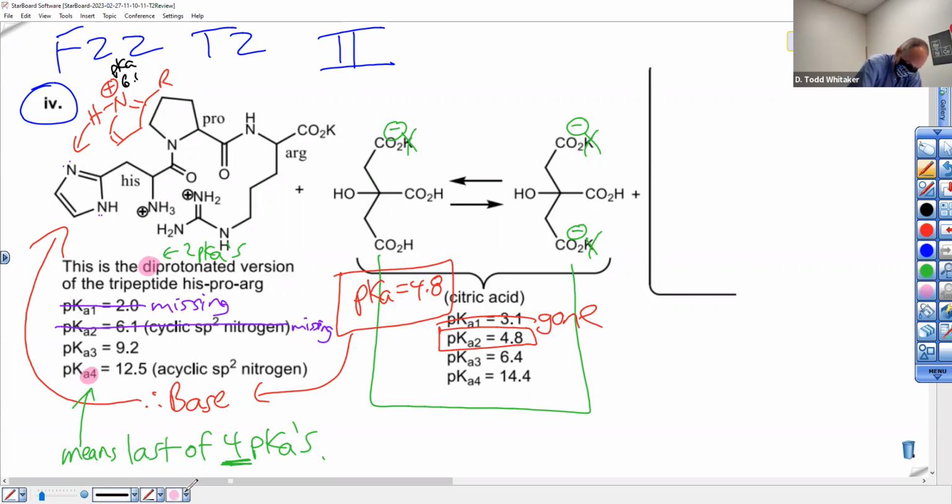Remember, you can't just write this. Don't forget that charge. That's the number 2 mistake. Students forget to put the H plus on. They just put an H on.